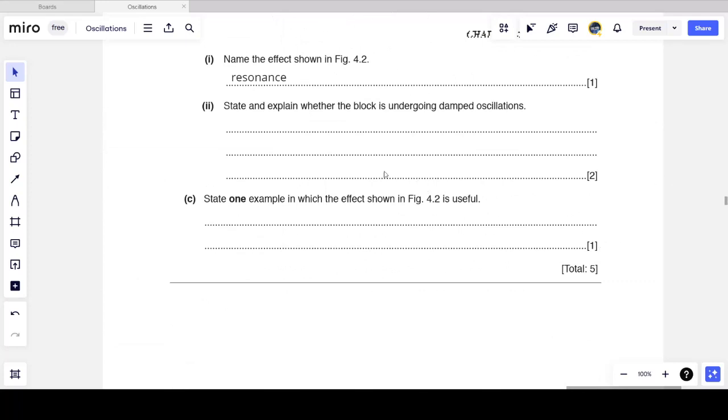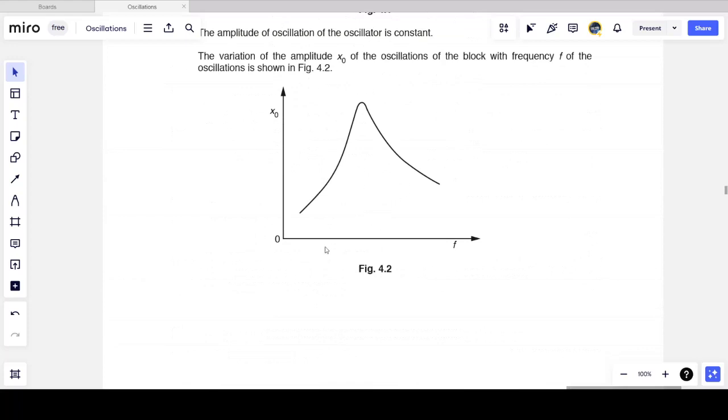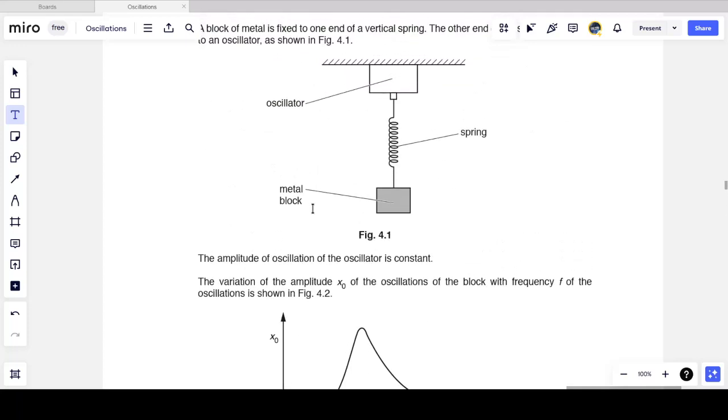And we want to state and explain whether the block is undergoing damped oscillations. So how do we know if the oscillations are damped at all? Well, essentially, if we don't damp oscillations, then when you provide energy with an oscillator, the peak amplitude will be infinity, because the oscillator continues providing energy, and so the thing that's oscillating, in this case the metal block, will continue to have an amplitude that will go to maximum.